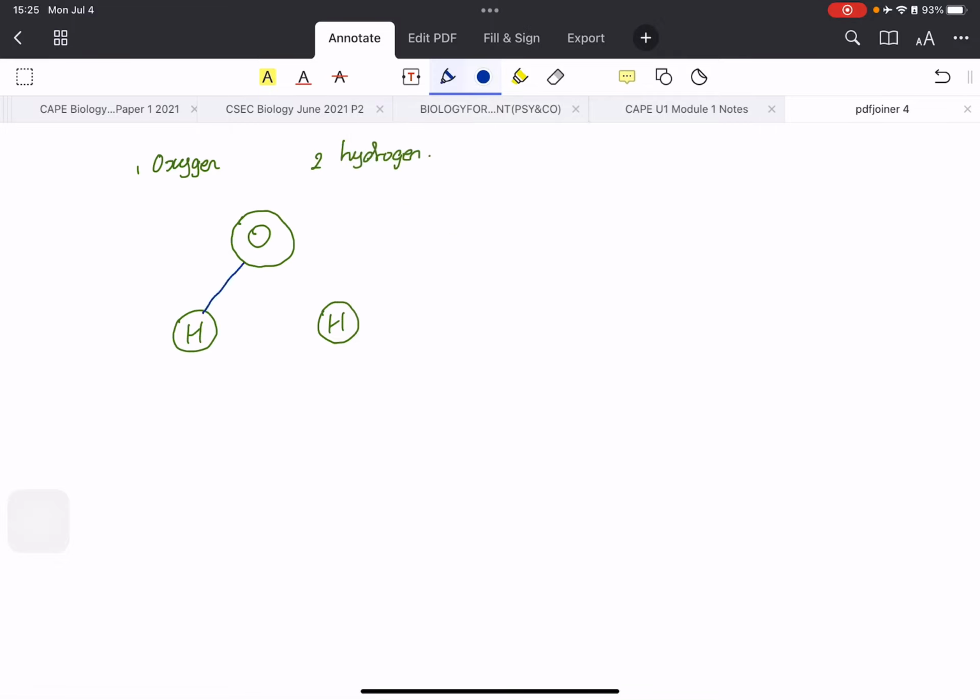And we will just draw a line here showing that the hydrogens are covalently bonded. Important from chemistry, covalently bonded means that they share electrons. And how many electrons are there? There are actually 2 for each bond.